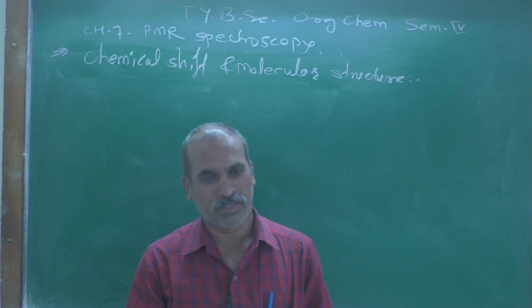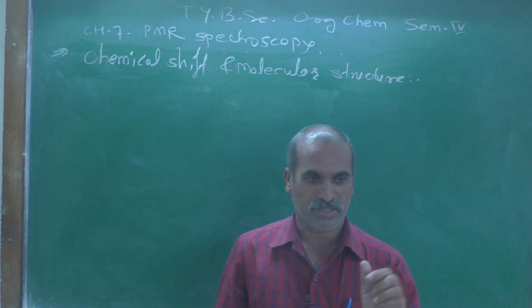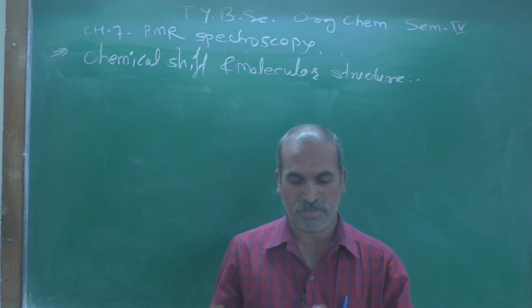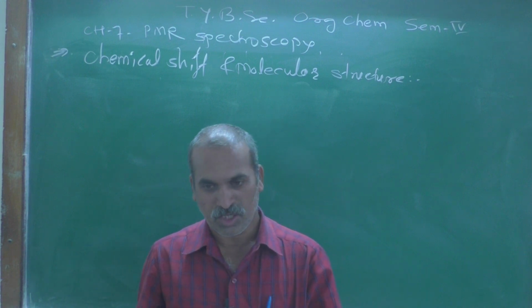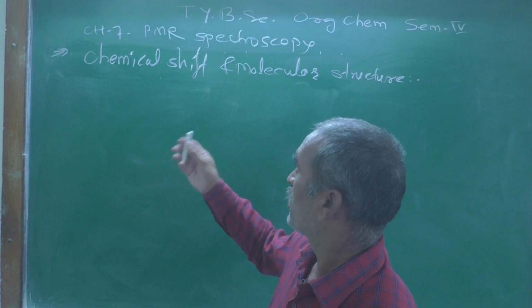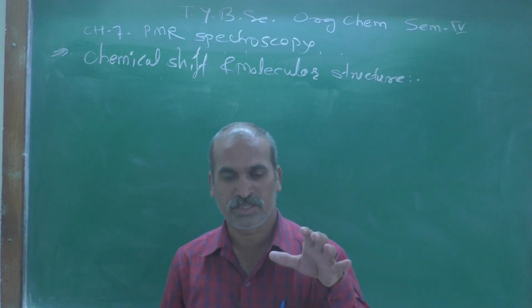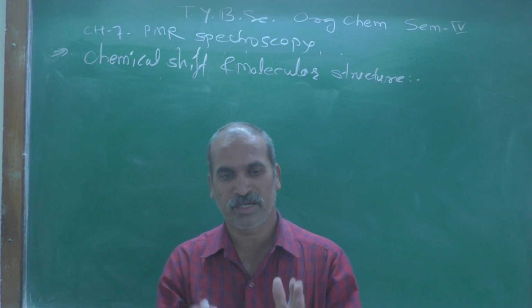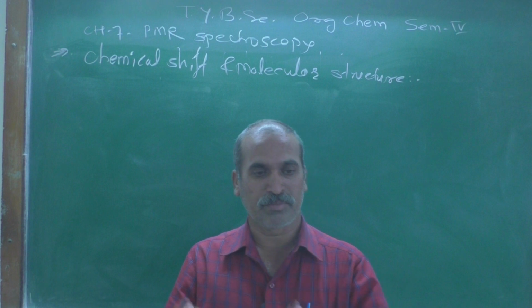Do you remember what we were discussing yesterday? I think we were discussing chemical shift and the molecular structure. This is the point we are discussing presently. What does chemical shift mean?